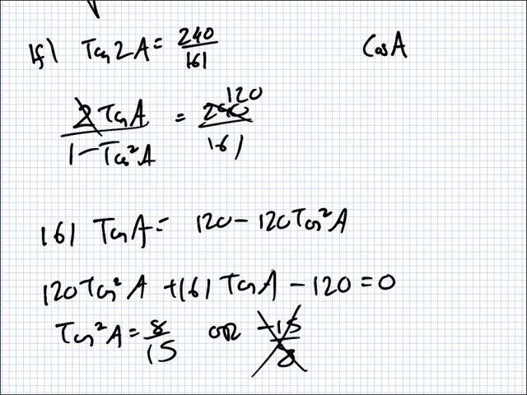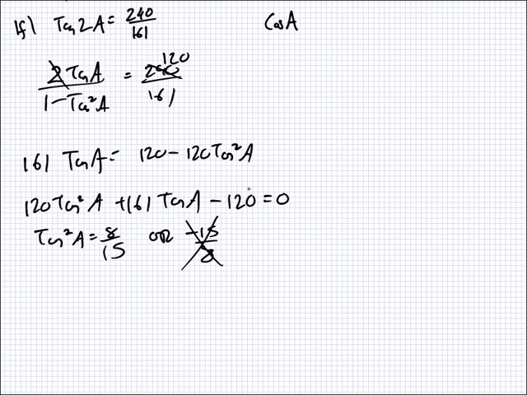So now you get tan A equals plus or minus, but we only take the plus. So we end up with tan A is 8 over 15.